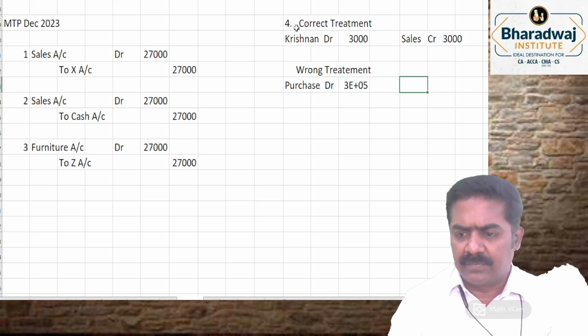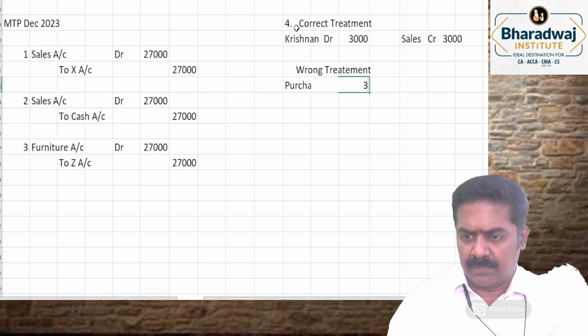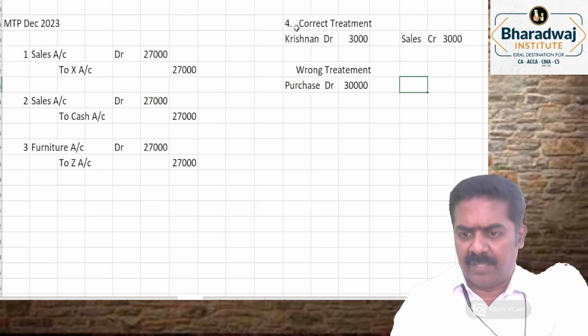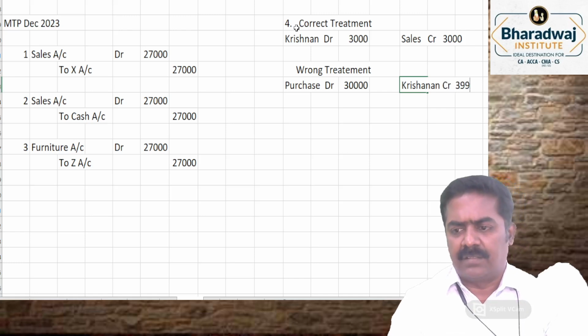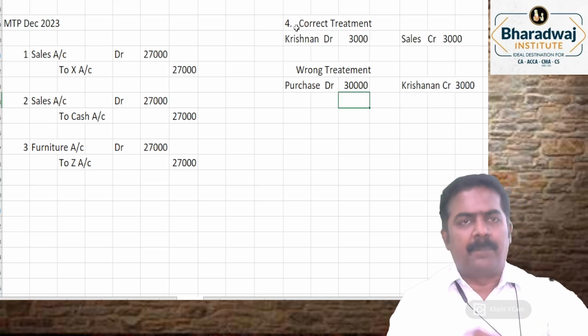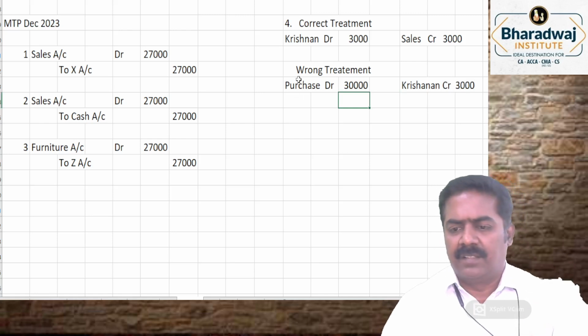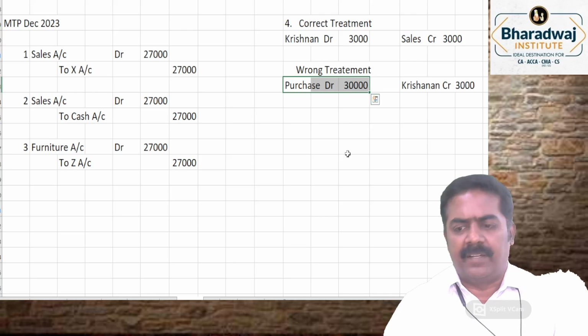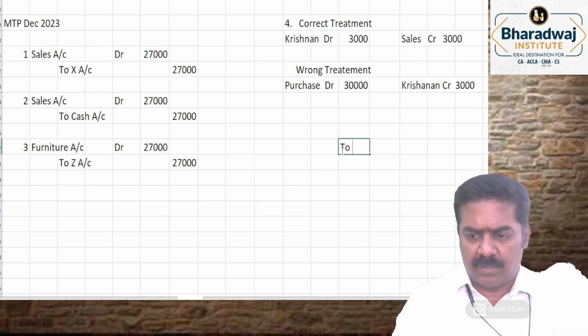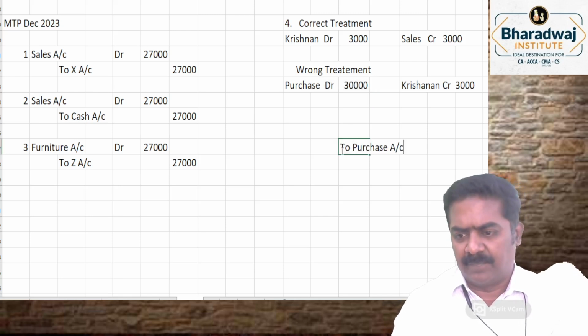அப்புறம் 30,000. And they have credited Krishnan account. Credit எவ்வளவு பண்ணிருக்காங்க? 3,000. தப்பா பண்ணதெல்லாம் சரி பண்ண ரிவர்ஸ் பண்ணுங்க. Purchase has been wrongly debited. How to remove? Purchase account 30,000 credit பண்ணு.